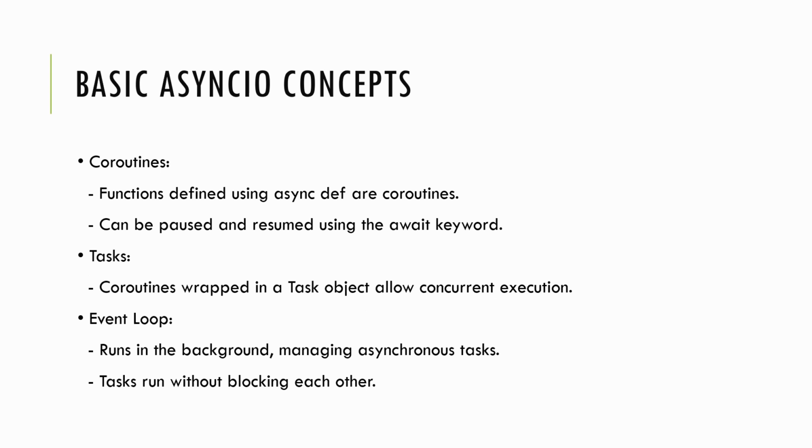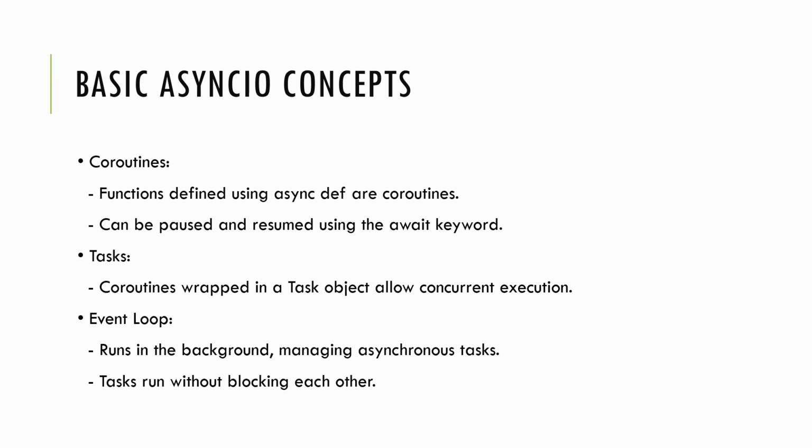Here are some core concepts in asyncio that we need to understand. First, coroutines. These are functions defined with the async def syntax. Coroutines can pause their execution using the await keyword and resume once the awaited task is completed. Next, tasks.